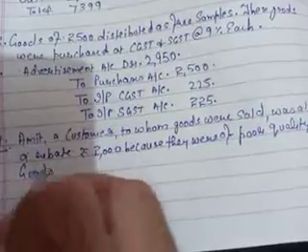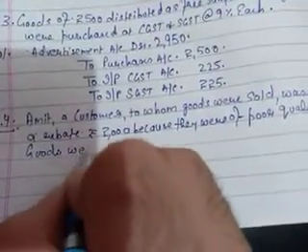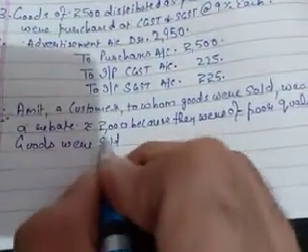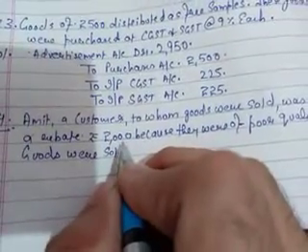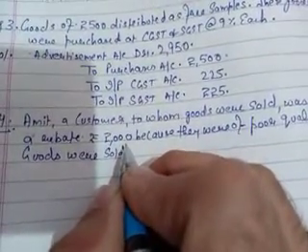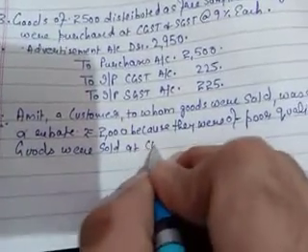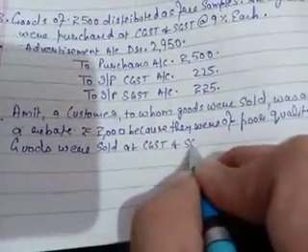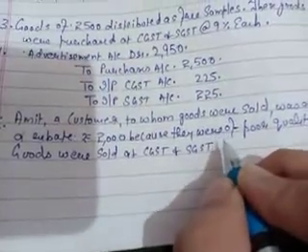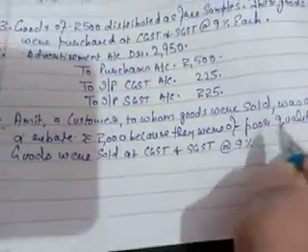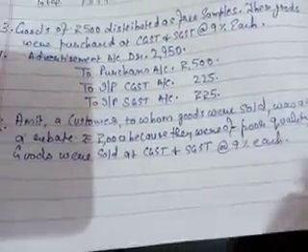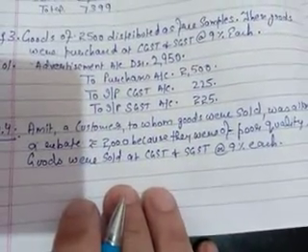Goods were sold at CGST and SGST 9% each.